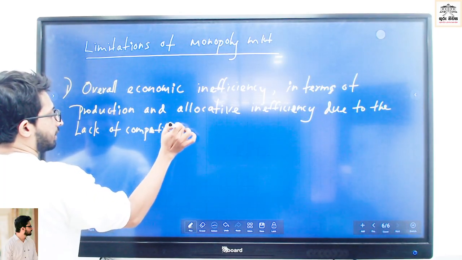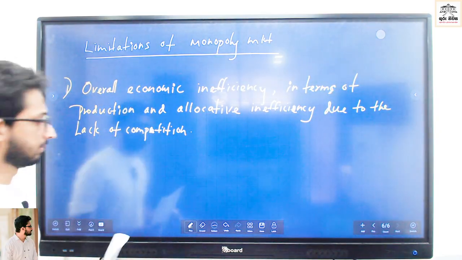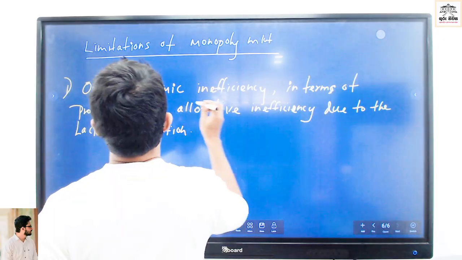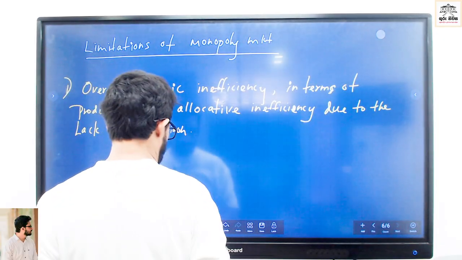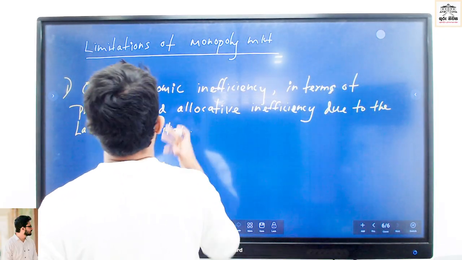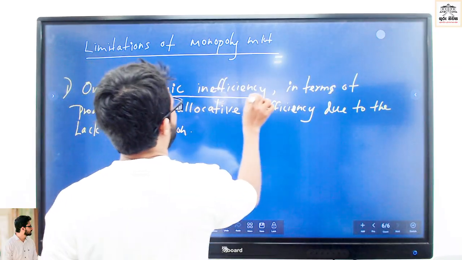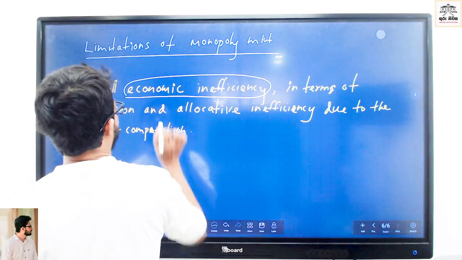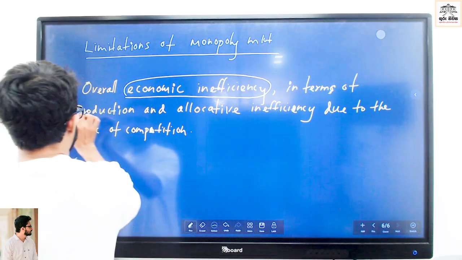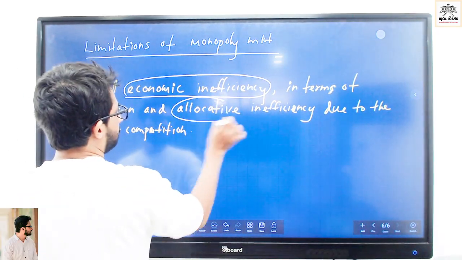Economic inefficiency in terms of both productive and allocative.